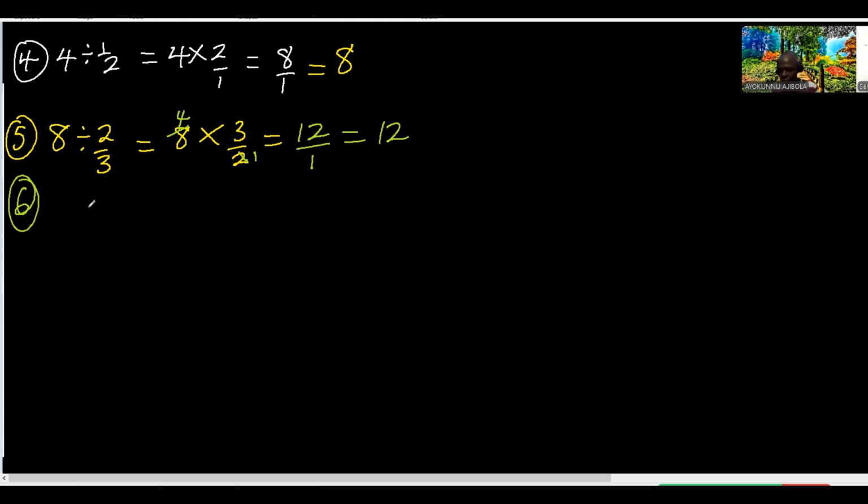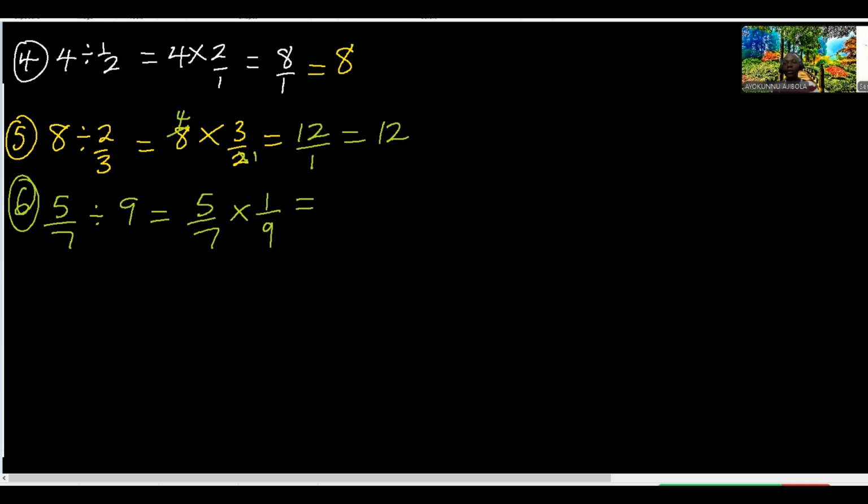The last example we're going to look at before I give you what to do. 5 over 7 divided by 9. So 5 over 7, oh, I'm supposed to ask you what to write. So how do I go ahead now? You write 5 over 7 times 9. No, why should I write times 9? I mean, 1 over 9. If you forget that, you're going to miss your own classwork, okay?